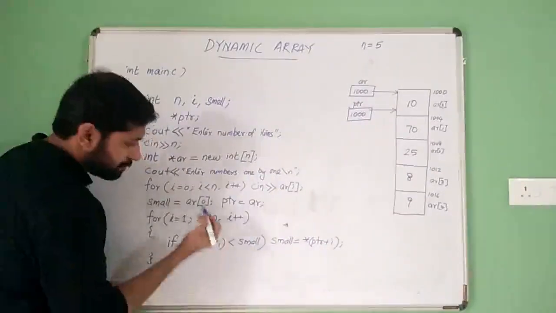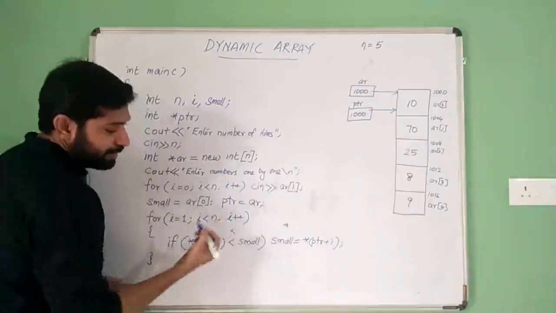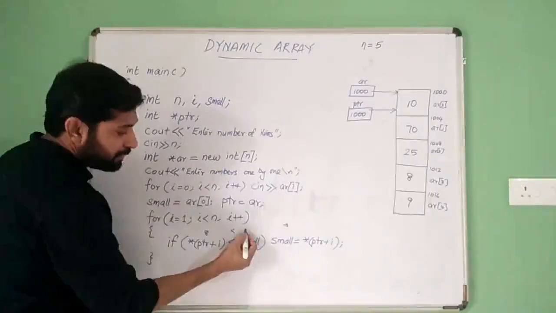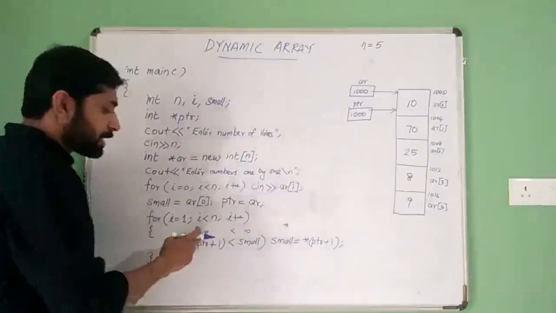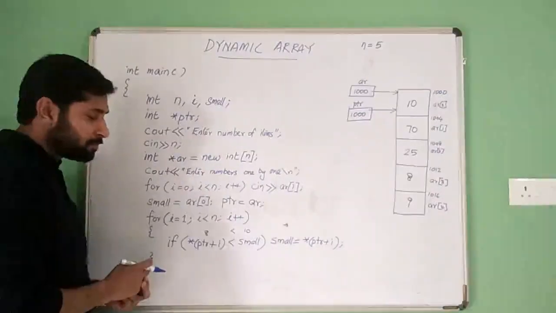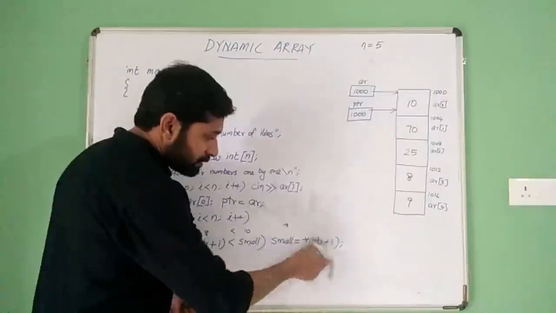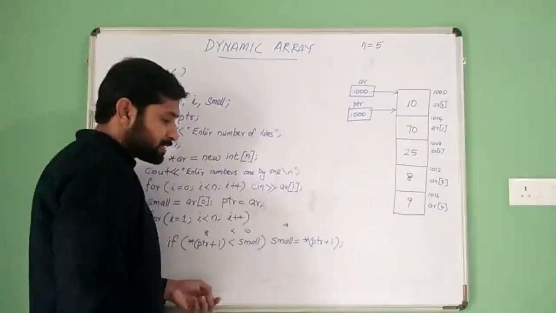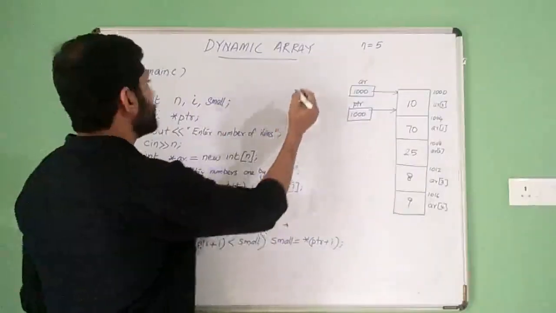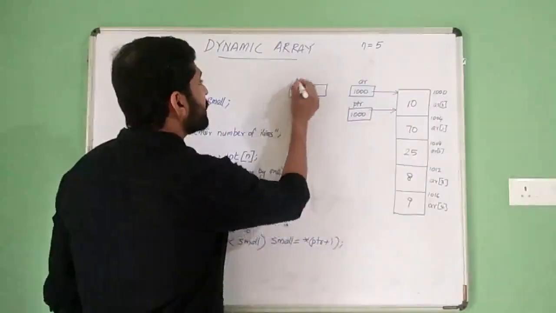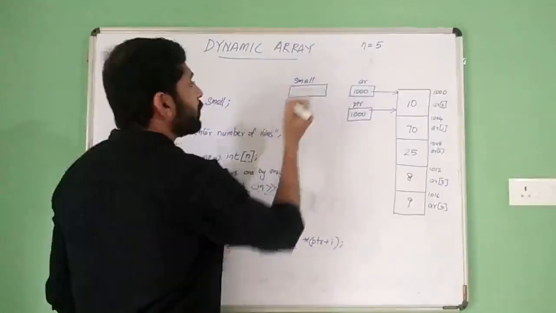So here 8 less than small, that is small is 10. You have taken smallest 10. So the answer is yes. Here we make some interchanges. Small equal to star PTR plus 3. What does it mean? We have a memory location called small.